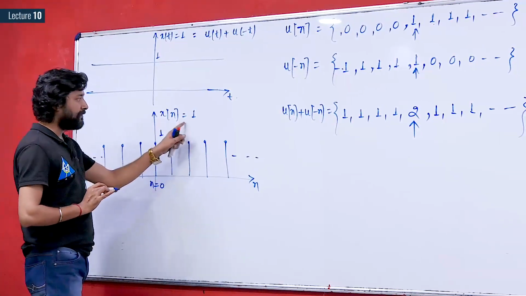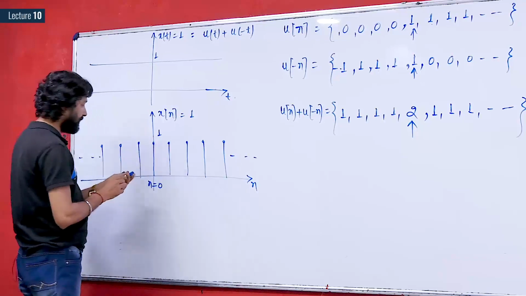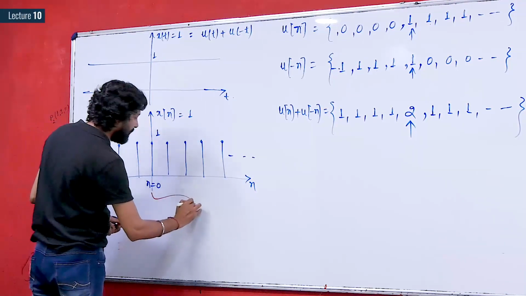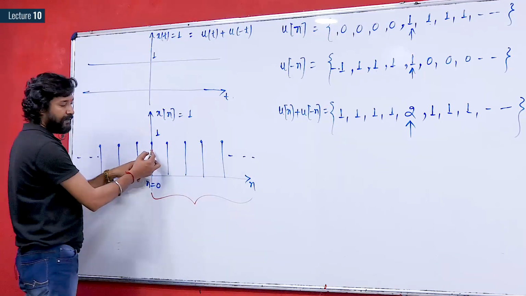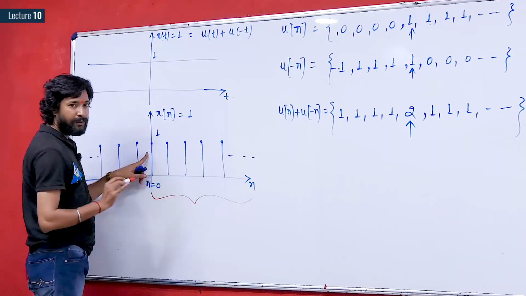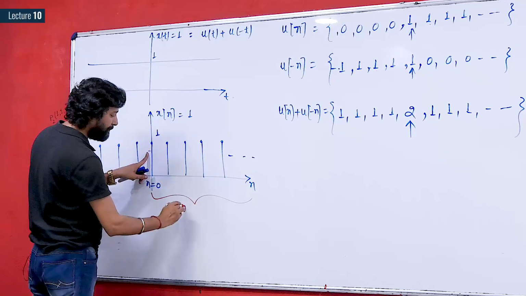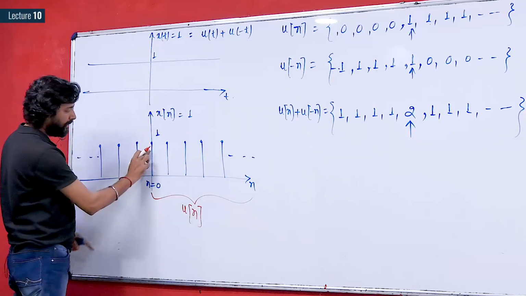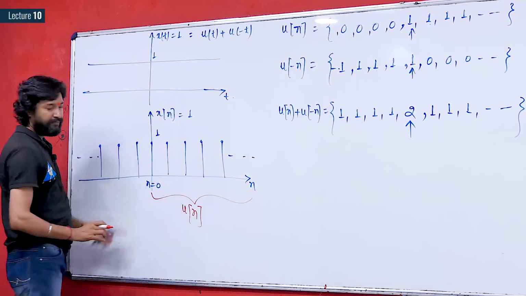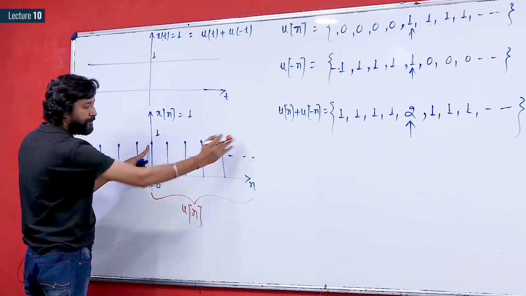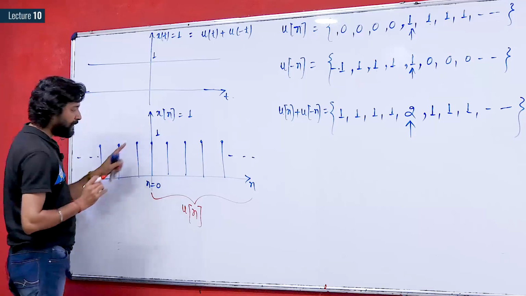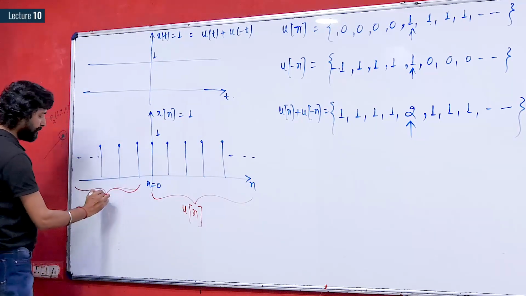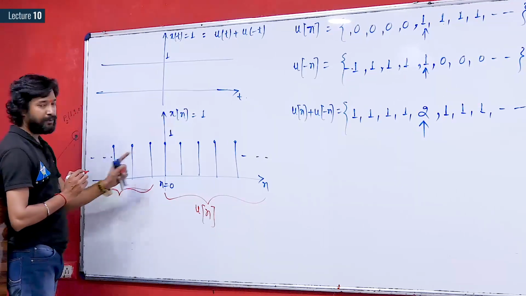So to find this function, what you can do is take a signal that has value 1 from 0 to infinity. This part can be represented as what? u of n. Now if you have taken the samples from 0 to infinity, then you have to take the other samples from minus infinity to minus 1.